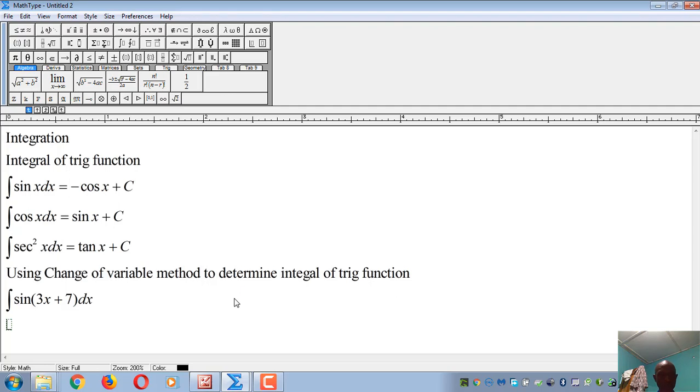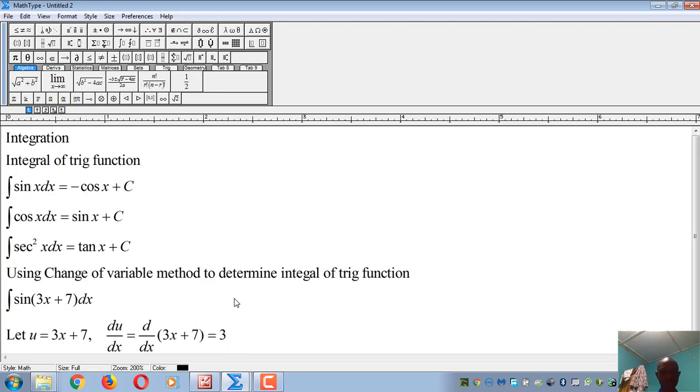Now what we assume is we will say let u, or use any alphabet, let u be equal to 3x plus 7. Once you have assumed that, you now find the derivative du/dx of 3x plus 7.